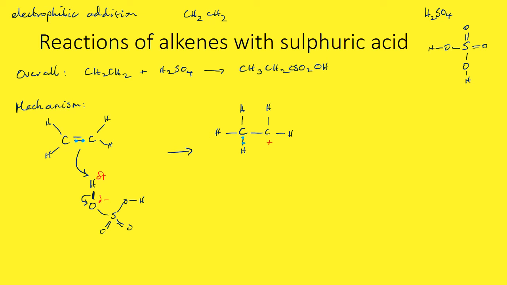And now let's track these two electrons that were in the other bond that's broken, and they've hopped off onto the molecule, the anion that's left. So let's draw that out. So we've got our oxygen. Let's put our minus charge in there.